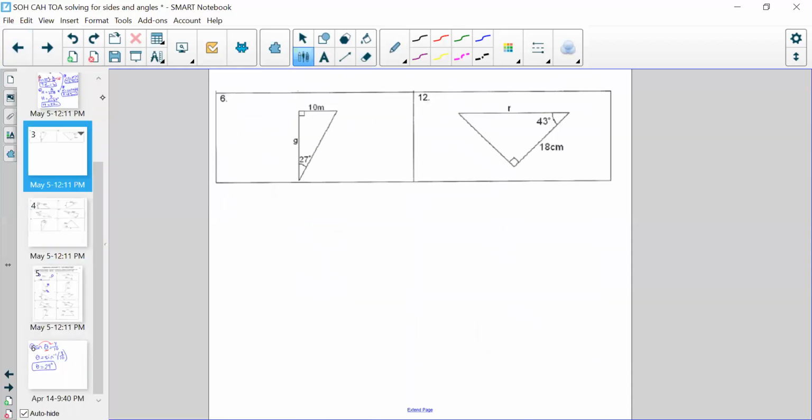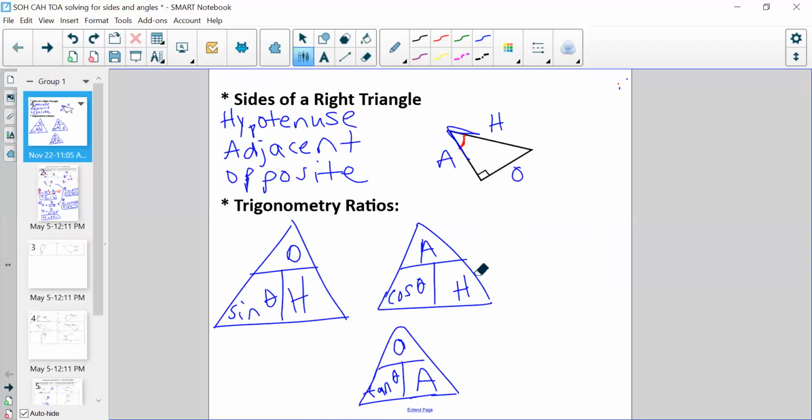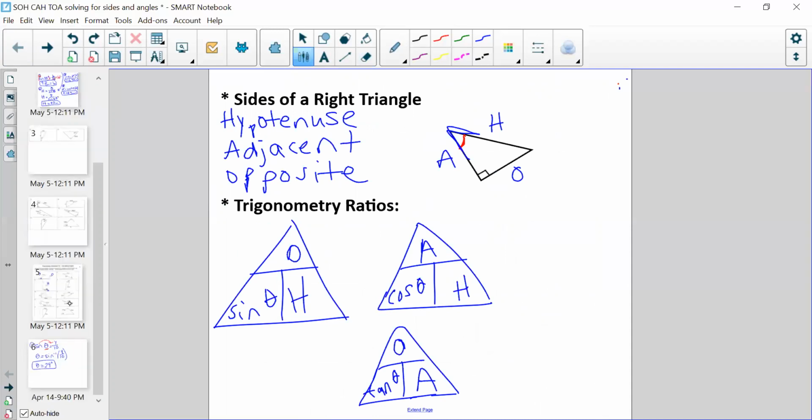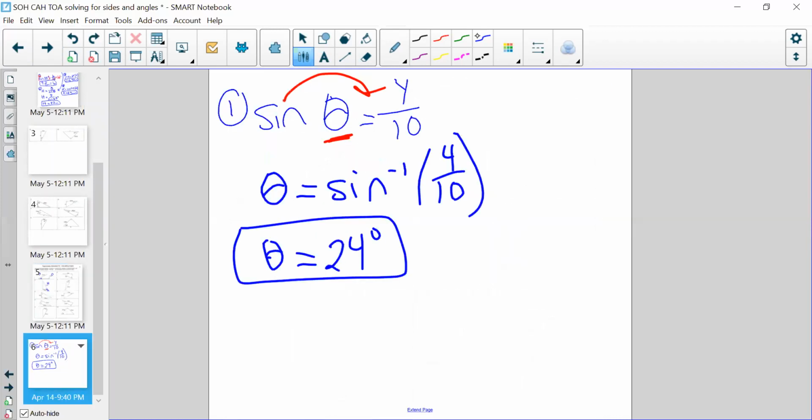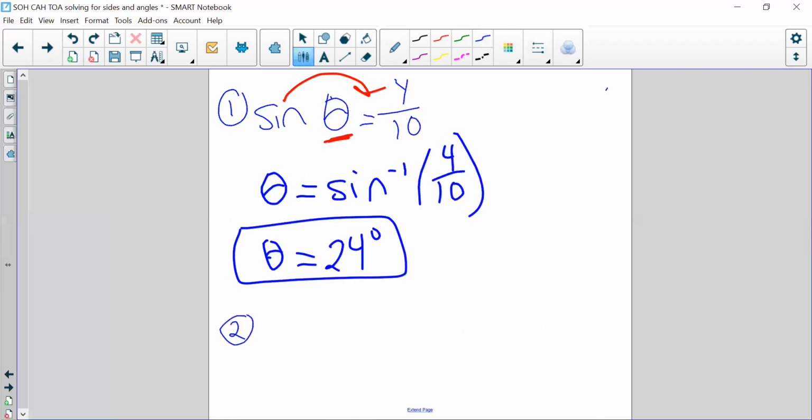So look at my formula triangles. A and H is cosine. Again, I'm looking for theta, so I'm going to do A divided by H in order to get my angle measurement. So focusing on my triangle, cosine theta, or cosine C, equals adjacent over hypotenuse, 6/12. Again, I'm solving for theta, so I need to move this cosine over there.